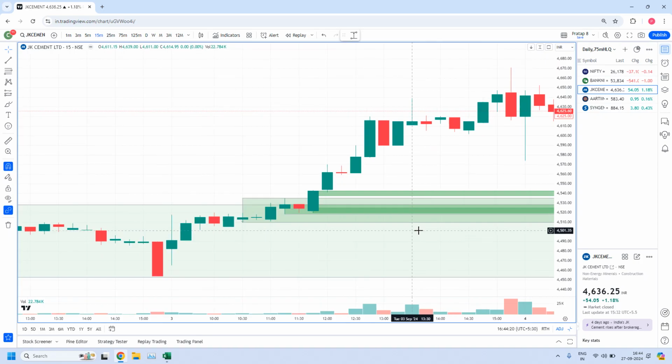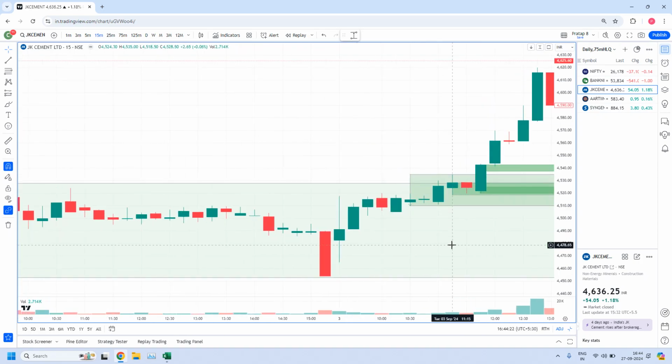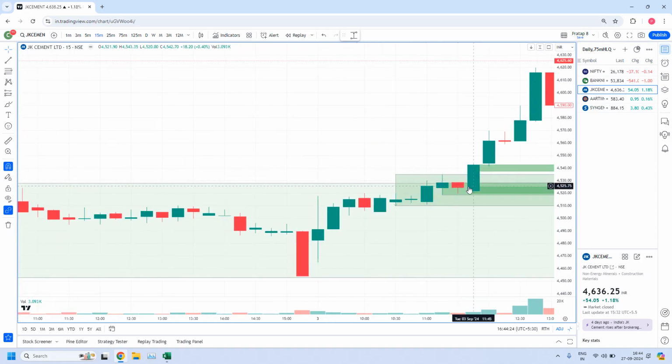In the 15 minutes time frame, again we have a rally, two base candles, and again a rally candle, follow through candles. So excellent move after this rally. Definitely the order flow in this area could be very strong.